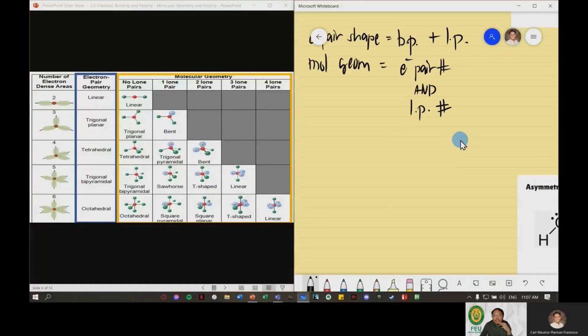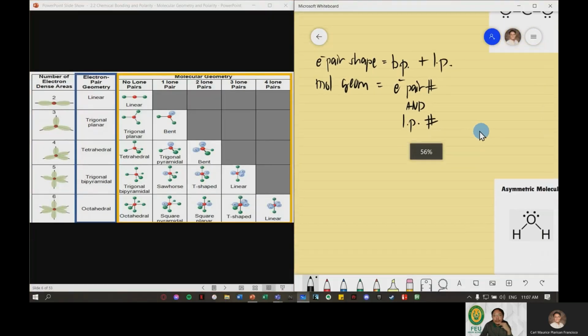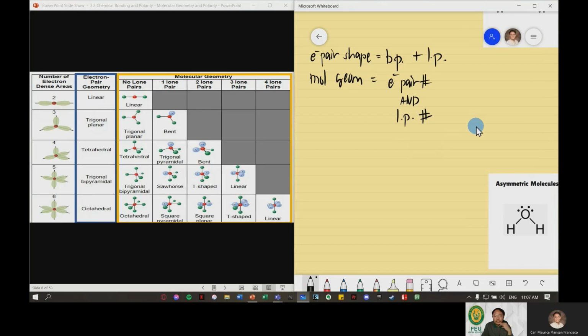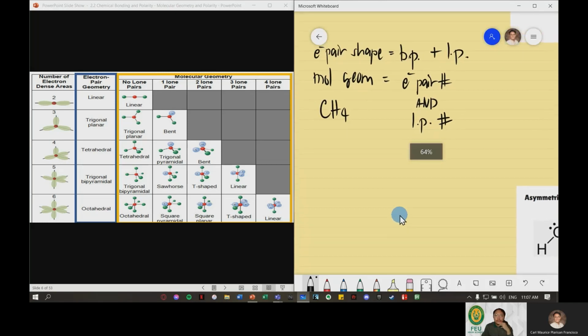Now, say for example, I need to identify the electron pair shape and molecular geometry shape of the compound CH4. To draw the Lewis dot structure of methane or CH4, I will start with the central atom carbon, and methane has 4 hydrogens.